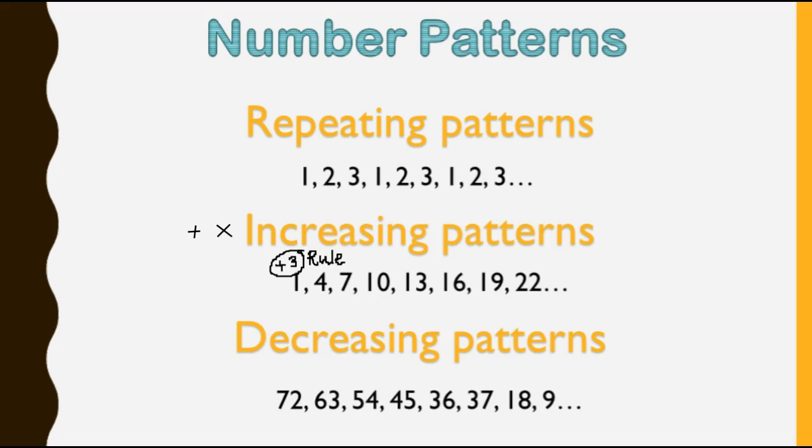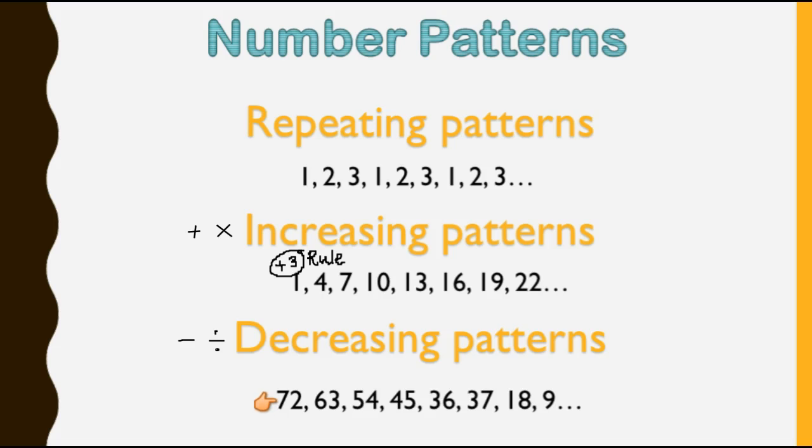Now, a decreasing pattern is when the numbers might start with big numbers and then they just keep getting smaller and smaller. And for those kinds of patterns, you're either going to be subtracting or dividing something for your rule. So let's look at the one that we see here.